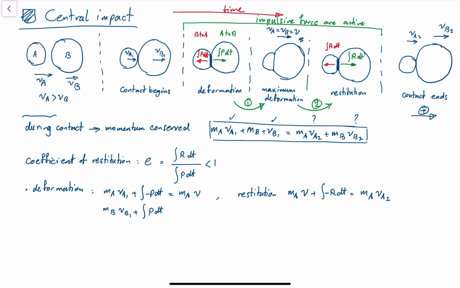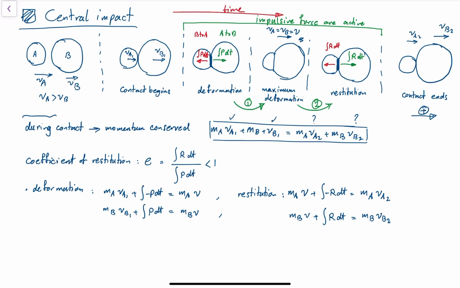But this time it is positive because the impulse is in the positive direction, equals M_B V. And during restitution, we can write M_B V plus integral of R dt equals M_B V_B2.